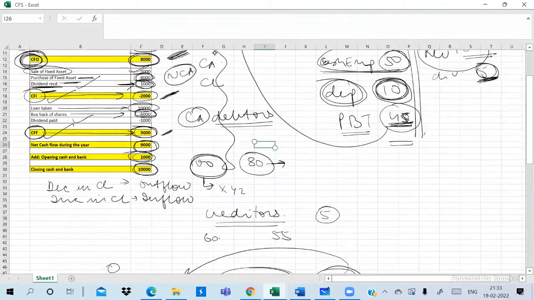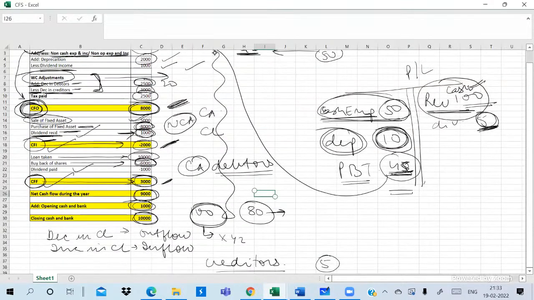So I'll look at cash expenses. I will look at cash income. I will incorporate that over here, and I'll get my cash from operations. So if you're directly looking at cash and you do it, that becomes your direct method. If you start with profit and then you move to cash, that's an indirect method. So that's the difference between direct and indirect method.